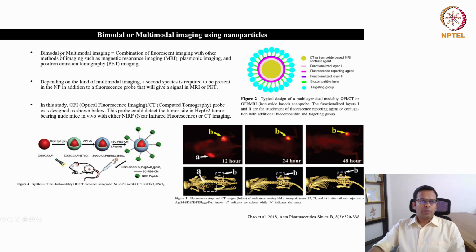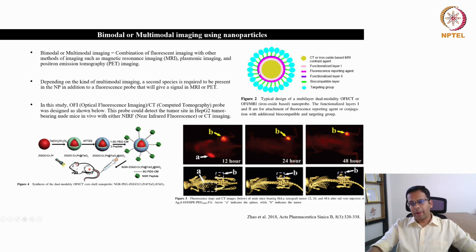So bimodal or multimodal imaging is a combination of fluorescent imaging with other methods of imaging such as magnetic resonance imaging, plasmonic imaging, and positron emission tomography, PET imaging. Depending on the kind of multimodal imaging, a second species is required to be present in the nanoparticle in addition to the fluorescent probe that will give a signal in MRI or PET.